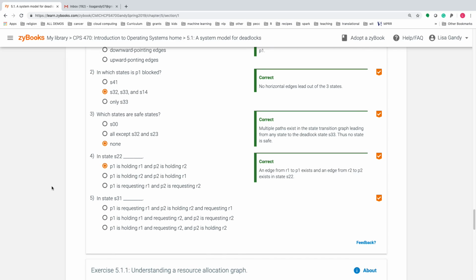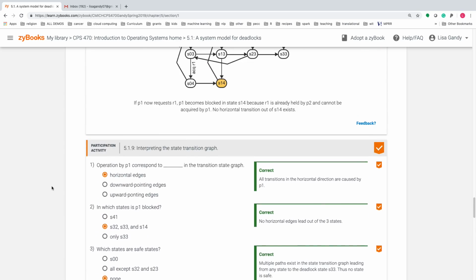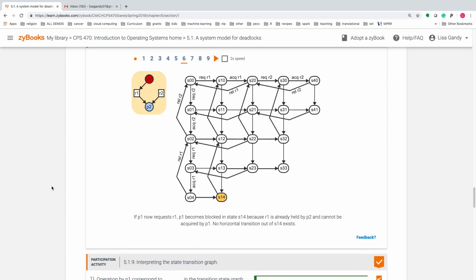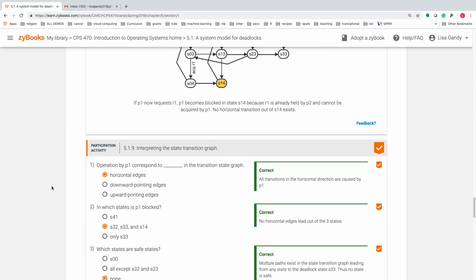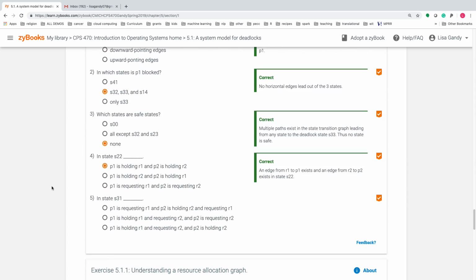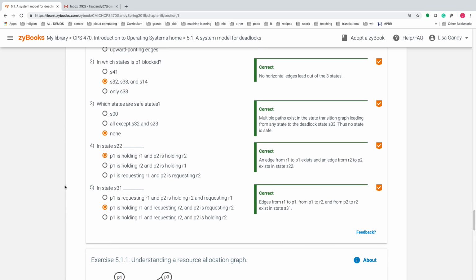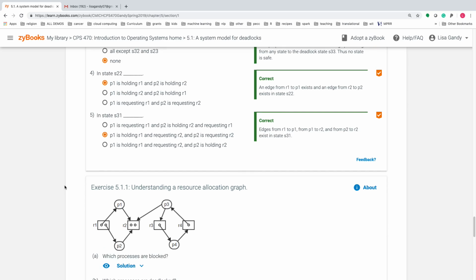Okay, and then let's go find 31 and see what's happening. P1 has R1 and is requesting R2. And P2 is requesting R2. Okay, so we can read the graph, and we have verified the safe state.